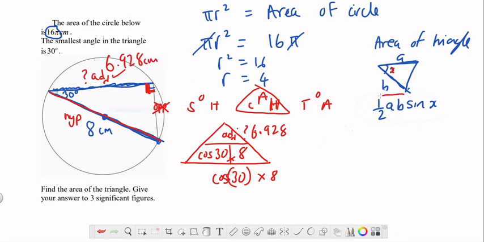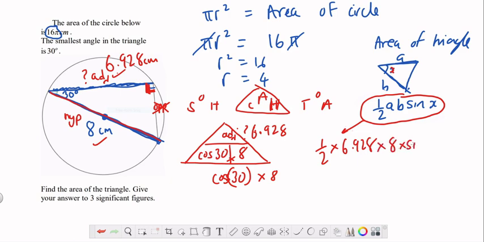Now I can apply the formula. I can use the A and B any way around. I can use 6.928, this number here, and this number here, any way around. 6.928 multiplied by 8, or I could swap them around if I wanted to, times sine. Well, what's the angle between these two sides? It's obviously 30 degrees right there.